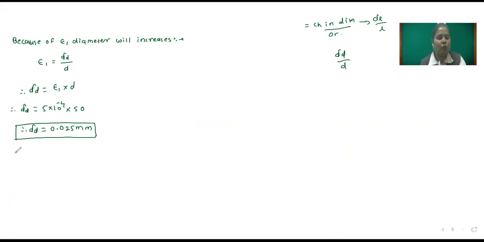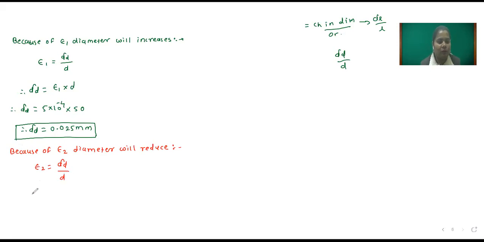Now we will check due to epsilon 2. Because of epsilon 2, the diameter will reduce. So epsilon 2 is equal to, same here, change in diameter divided by original diameter.